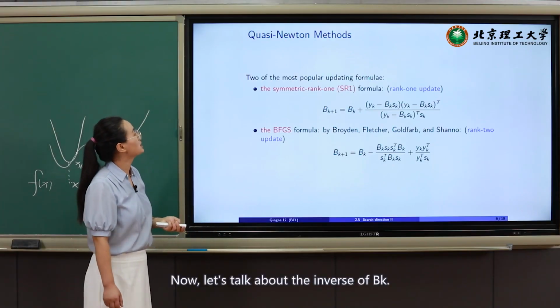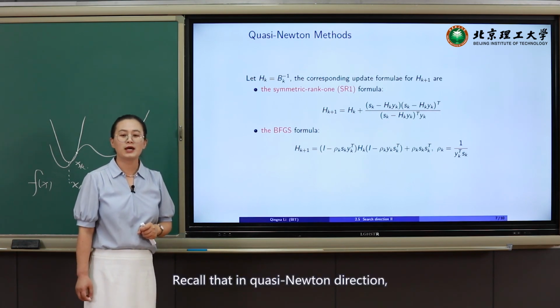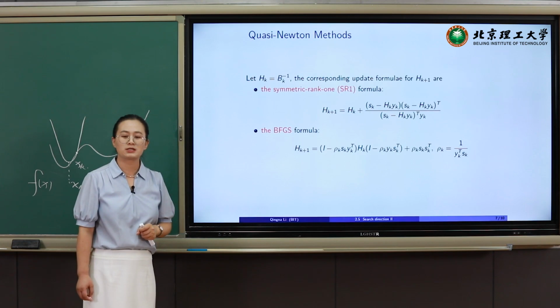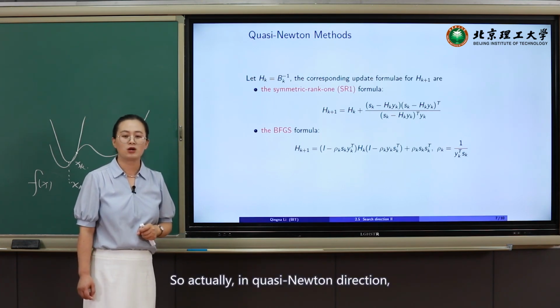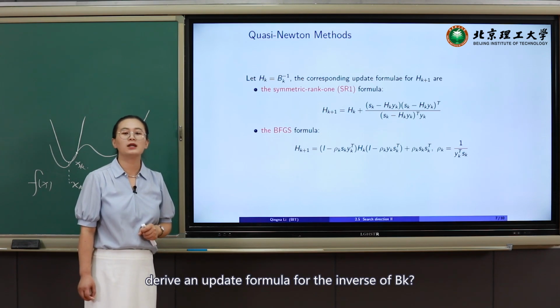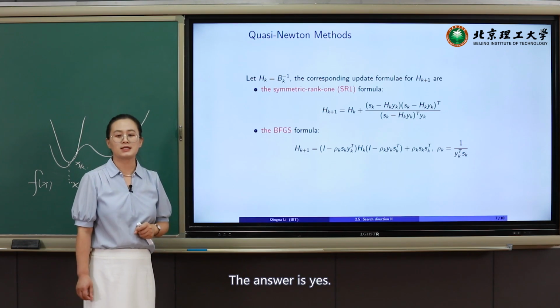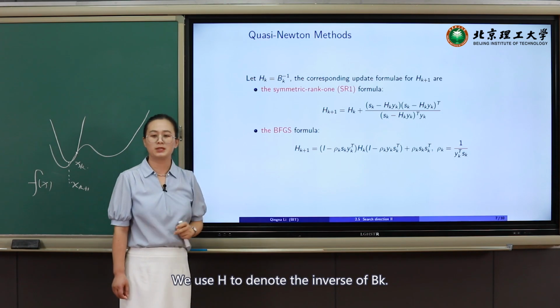Now, let's talk about the inverse of B_k. Recall that in quasi-Newton directions, B_k is the approximation of the Hessian matrix. So in the quasi-Newton direction, we need the inverse of B_k. Therefore, is it possible to derive an update formula for the inverse of B_k? The answer is yes. We use H_k to denote the inverse of B_k.